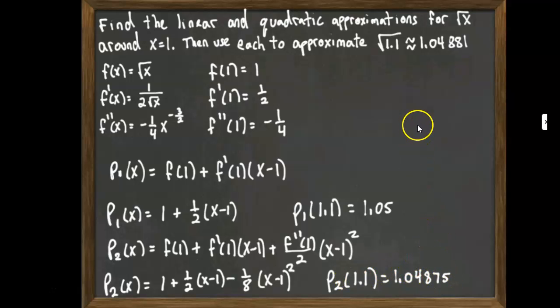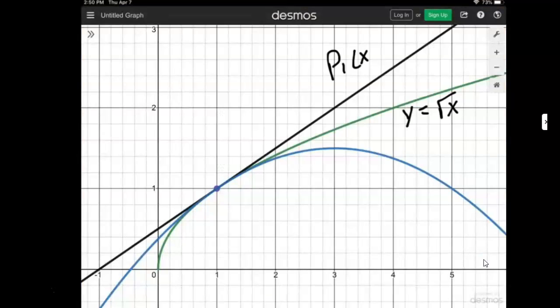But the last thing I want to show you here is a graph of square root of x and my two approximations, my straight line approximation and my second degree or quadratic approximation. So here's the graph. The green graph here is my square root function. The black line here is the tangent line approximation, first degree approximation. And then this blue graph is the quadratic approximation.